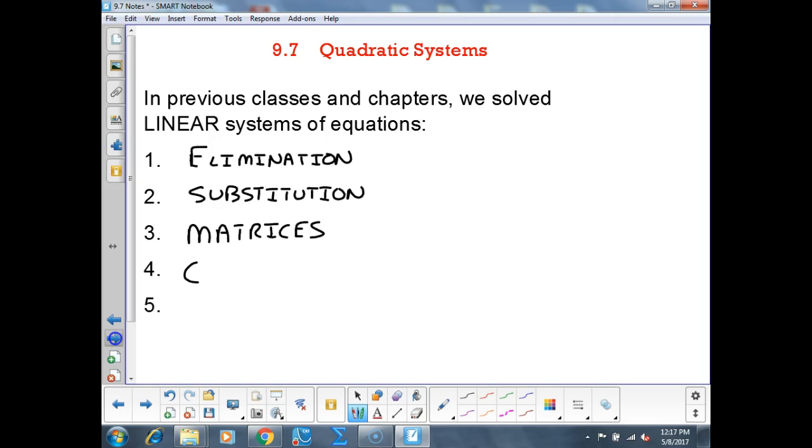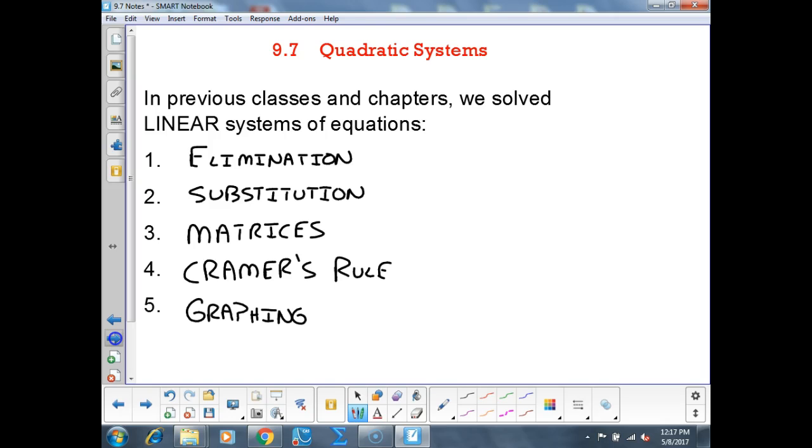Cramer's rule. Graphing was the other one. So that's how we solve. That's the 5 ways, and you've learned 3 of them for sure since Algebra 1. We added matrices this year. I think you guys saw Cramer's rule before, but if not, we added that one this year. So you've seen a ton of those this year. We've done them a lot.